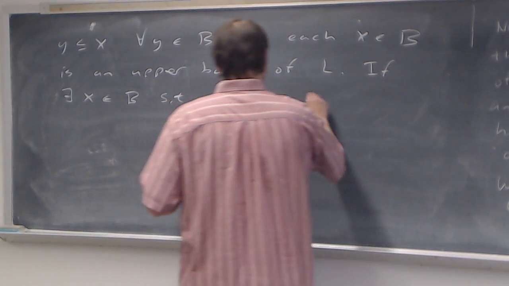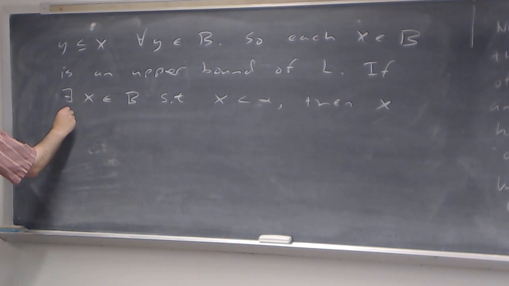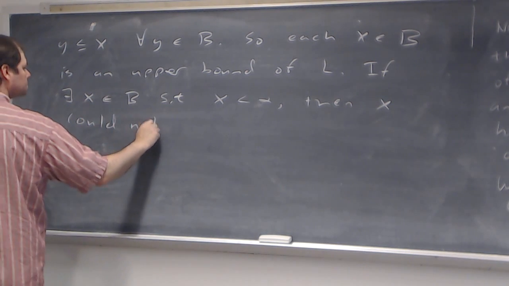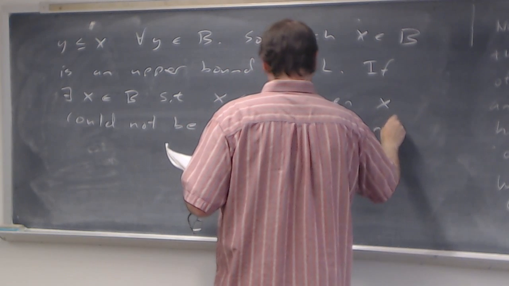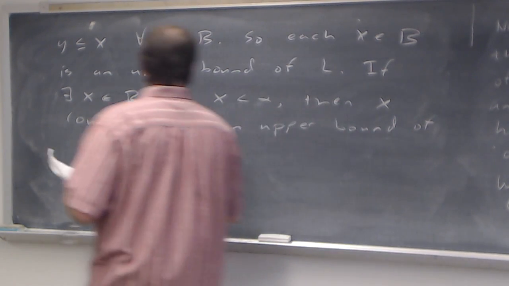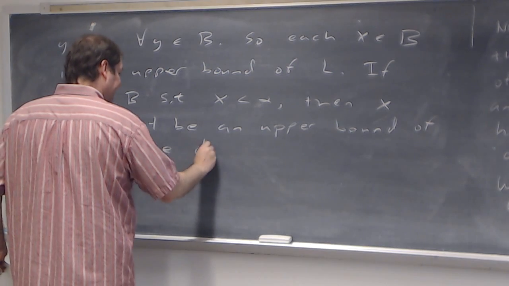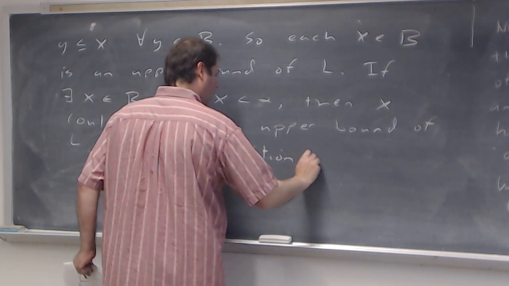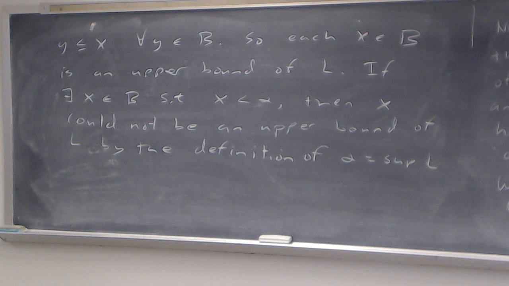Then x could not be an upper bound of L by the definition of alpha equaling the supremum of L. So let's give ourselves a second to think about that.